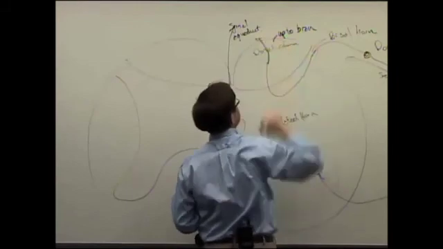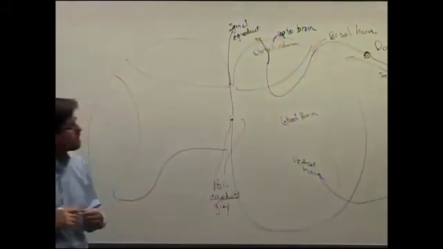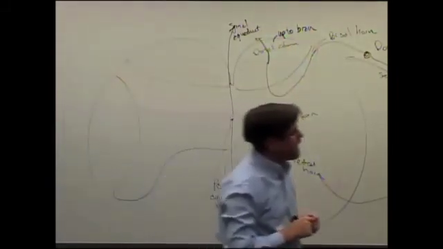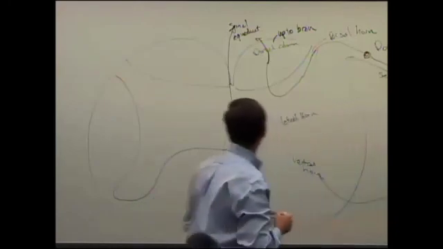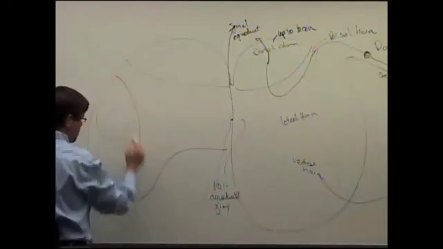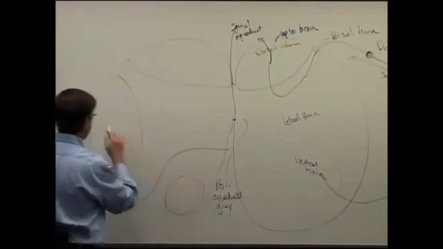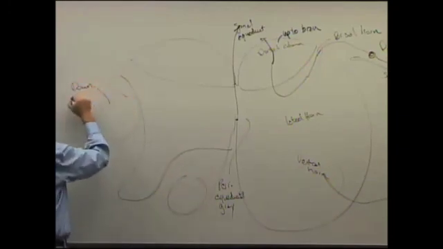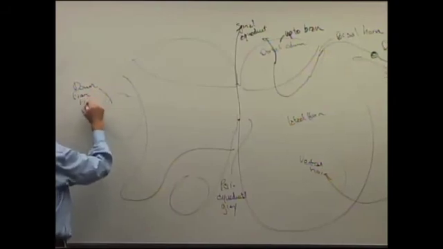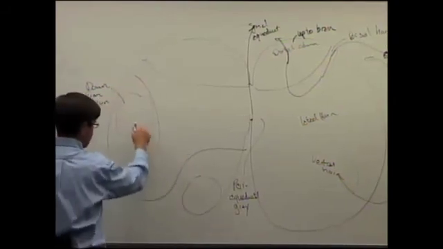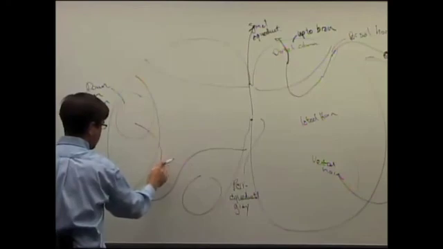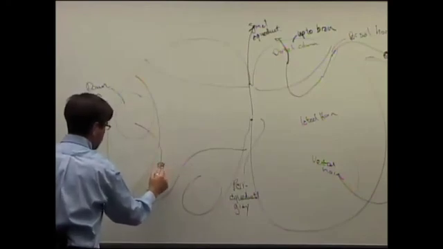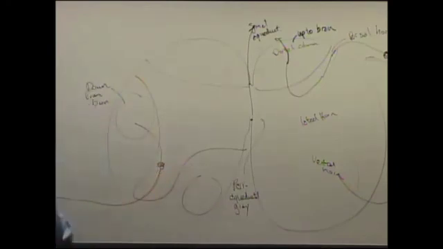And this area here is signals coming down from the brain, and they'll then send signals to modulate neurons that are going out to the sensory.